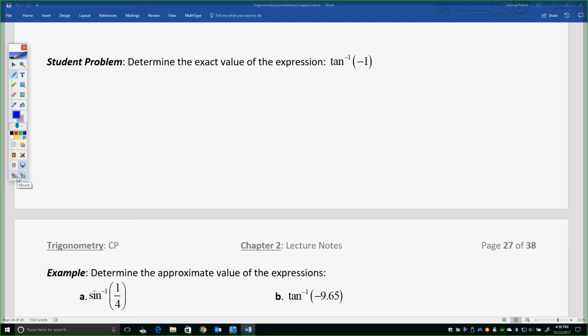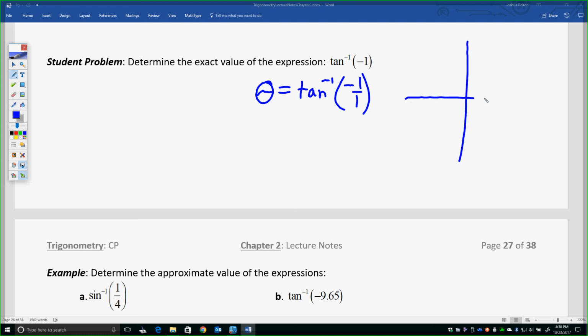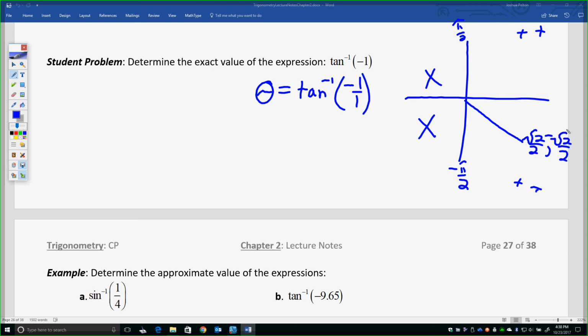Okay, so the student problem is basically asking what angle is the inverse tangent going to be for negative 1 over 1? So we think of our unit circle. Tangent inverse is limited to between pi over 2 and negative pi over 2. So in order to get a negative, I had to have gone down in this quadrant here, because positive, positive is not going to work, but positive, negative will work. So this had to be the root 2 over 2, negative root 2 over 2, for the pi over 4.